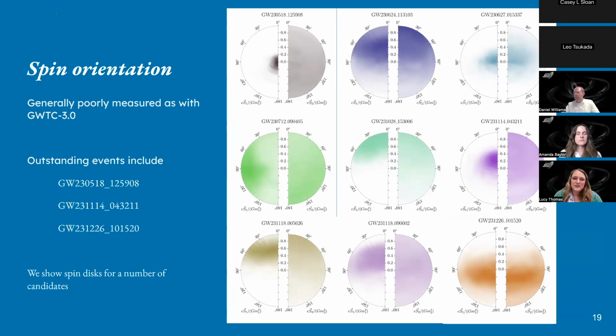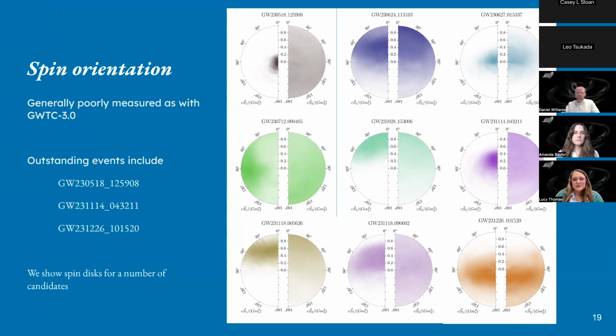So if there is more color towards the outside of the spin disk, that means that there's more posterior probability that the spin was large. And then the direction from top to bottom is at what angle the spin was pointing. So top is it was aligned with the orbital angular momentum.